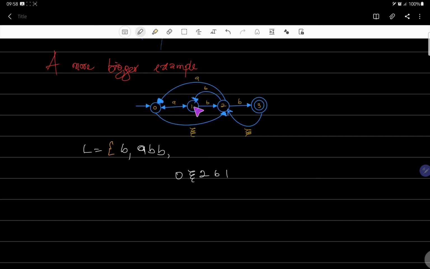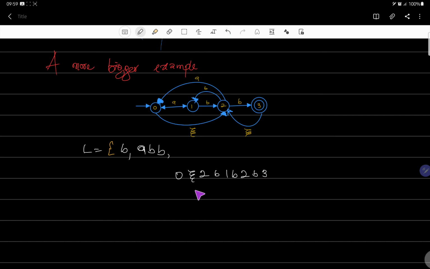Now from 1, we can either go this way or that way, because the arrow here says we can come here, and the arrow there says we can go there. Let's go back to 2. From 1 we go through b to enter 2. From 2, let's go to 3 directly, through b.